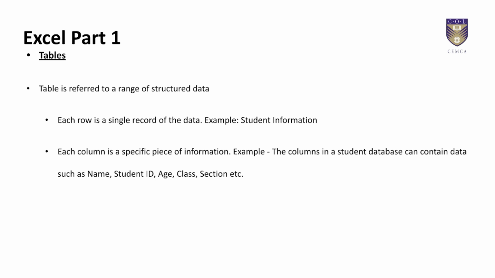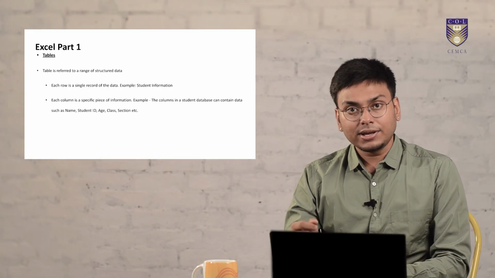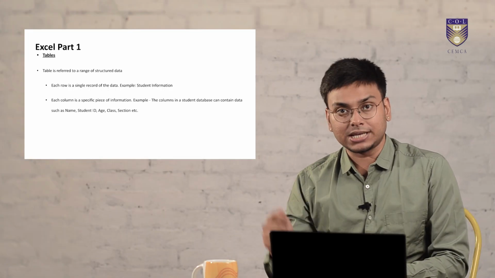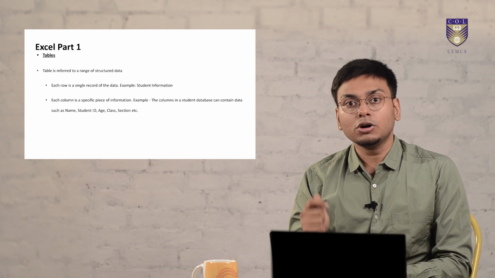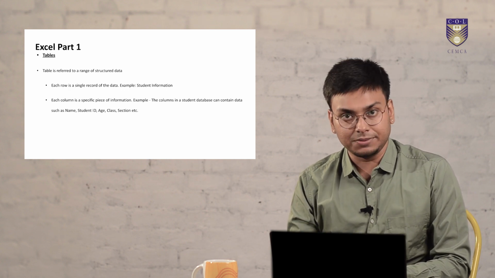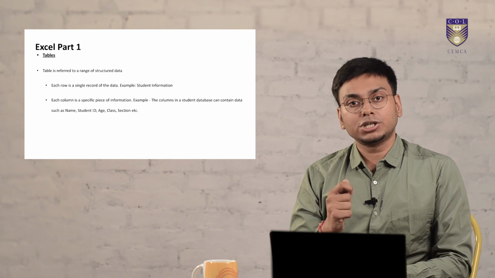Every table has got rows and columns. The rows represent the records of this data. Every row corresponds to a single line of record of the data. For example, if we are taking a student database, then every row will be representing the information corresponding to a unique student ID.